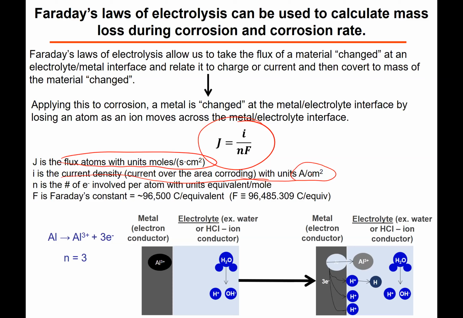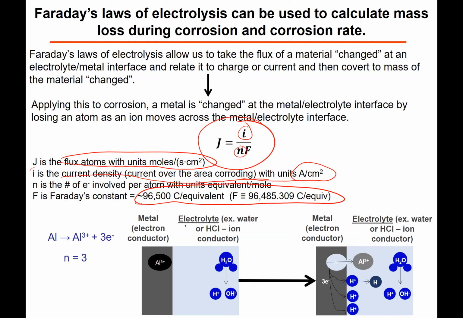And so we can relate that flux to the current density and the number of electrons by converting the units, and that unit conversion is using Faraday's constant. Faraday's constant is just 96,485 coulombs per mole, or per some equivalent, right, so per electron.